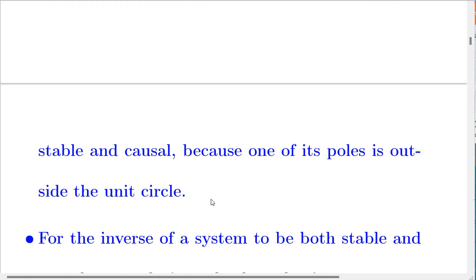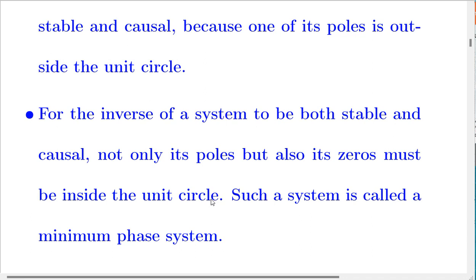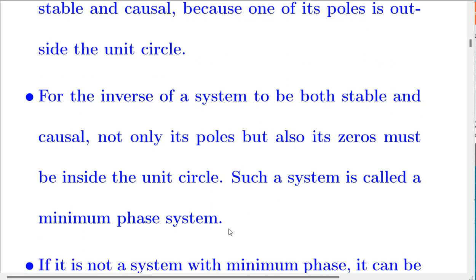Okay? Now, for the inverse of a system to be both stable and causal, not only its poles but also its zeros must be inside the unit circle. Such a system is called a minimum phase system. That's the idea.